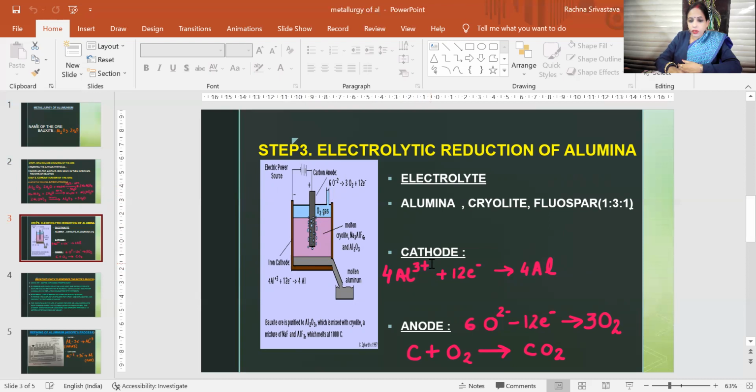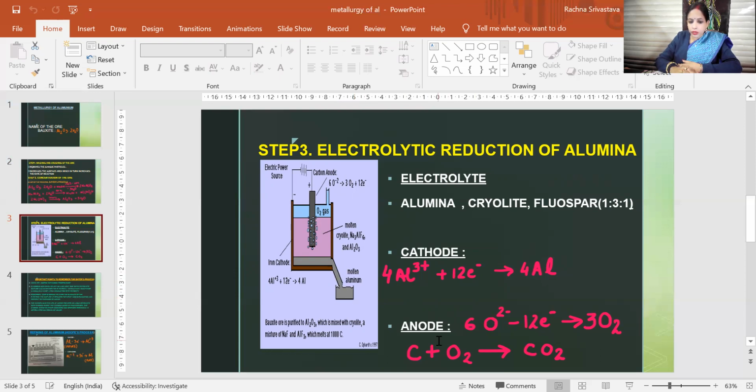At the cathode, all the positive ions accumulate, because the cathode is the negative electrode of the electrolytic cell. So aluminium ions come and accumulate at the cathode. They gain electrons, undergo reduction and form metallic aluminium. You can see all the molten aluminium here being collected in another trough.